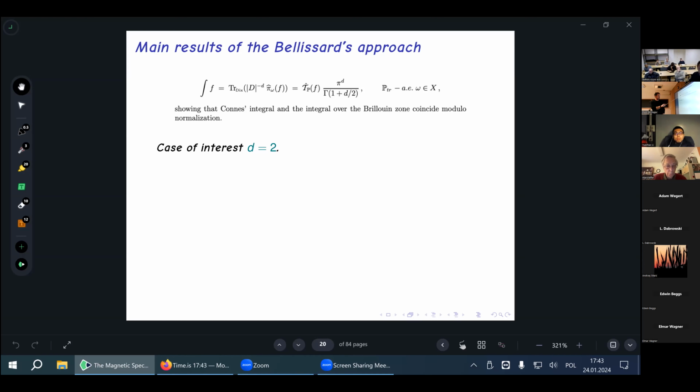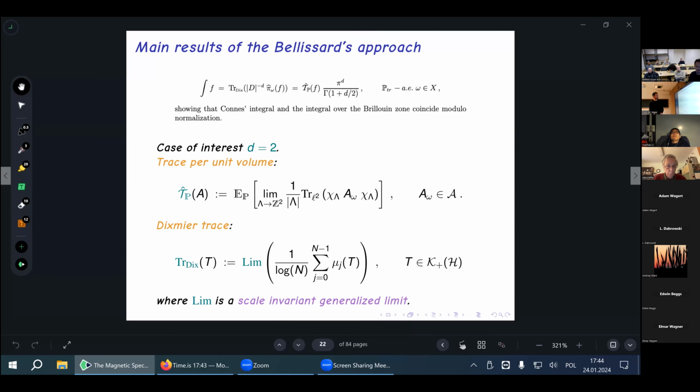In the first, I have the Dixmier trace, taking the inverse power of the modulus of my Dirac operator, which is what I showed you in the previous slide. In my case I'm interested in the power minus 2. This computation works also for different dimensions, but just fix D equal to 2.